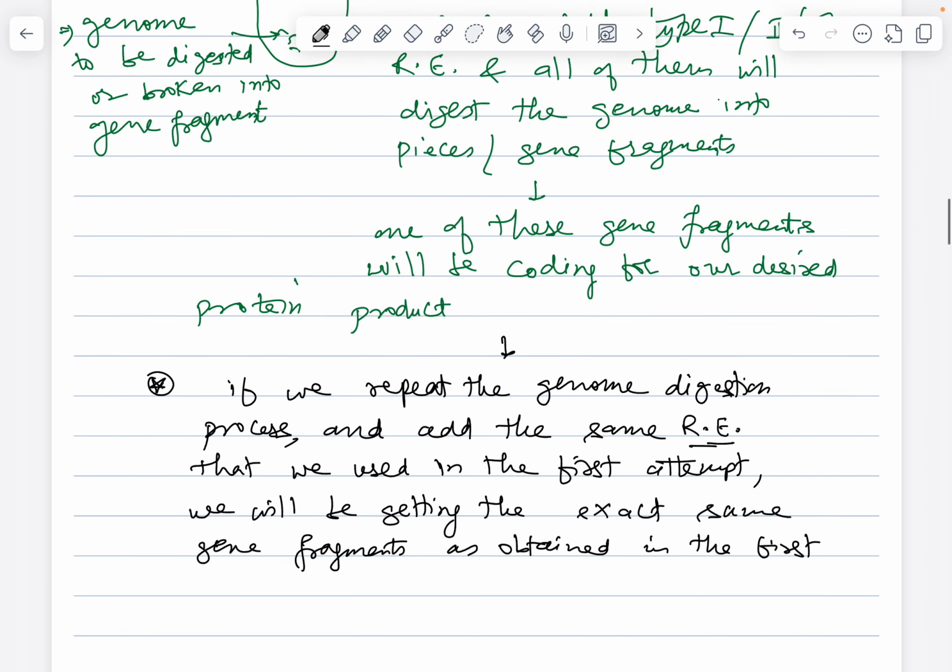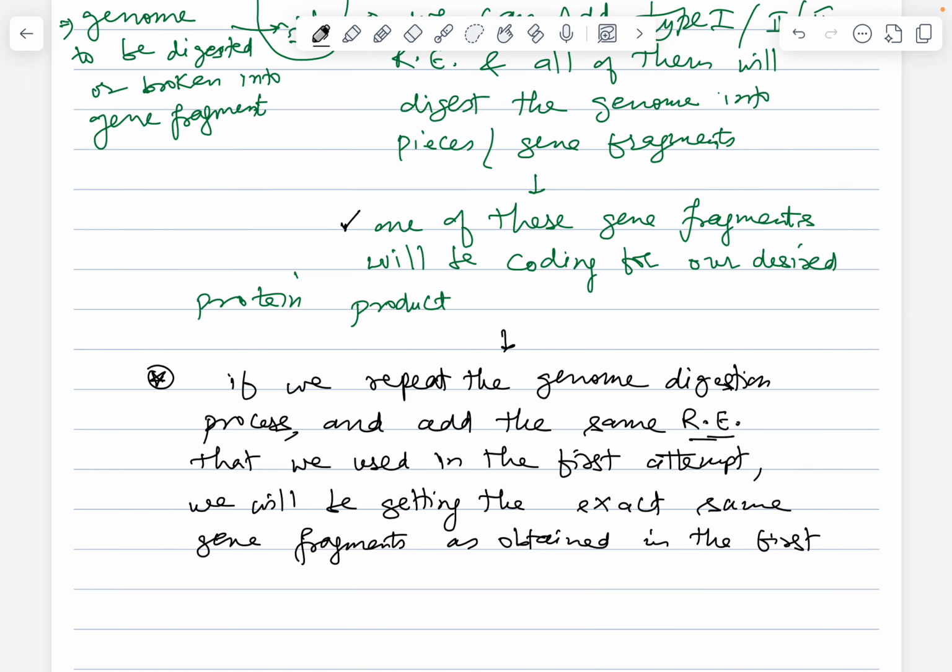Because we want the exact same gene fragments, because one of these gene fragments was coding for my desired protein product and I want more copies of that gene fragment. So I'll be getting the exact same gene fragments as obtained in the first attempt.